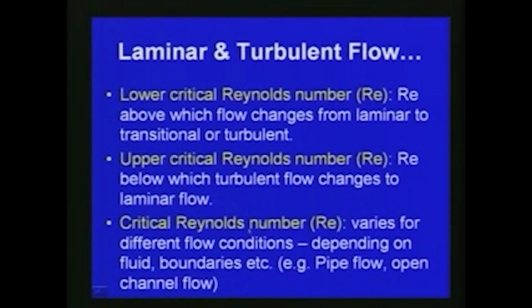This critical Reynolds number, based upon which we classify the flow as laminar or turbulent, varies depending on various flow conditions, like what kind of fluid and what the boundaries are, whether it is pipe flow or open channel.